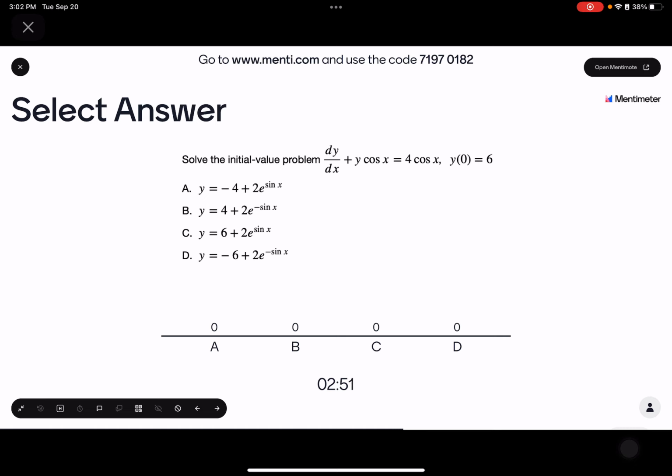You can separate, right? Or if you would like to try the linear differential equation, I think that's also possible. But I think you can separate.